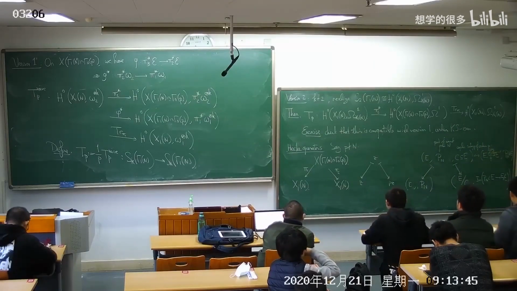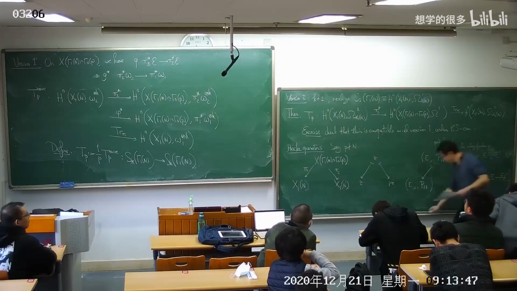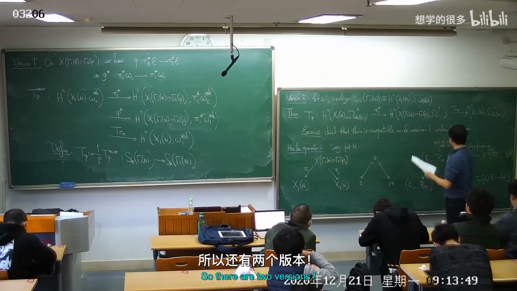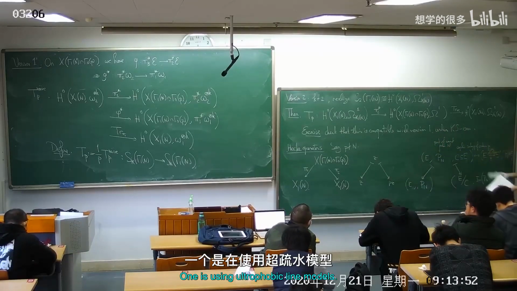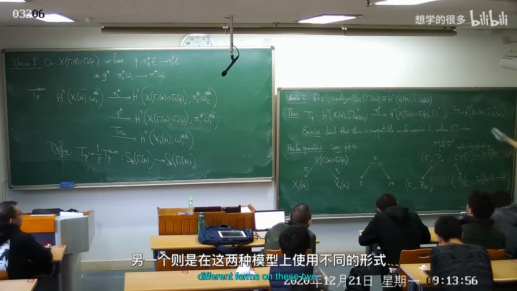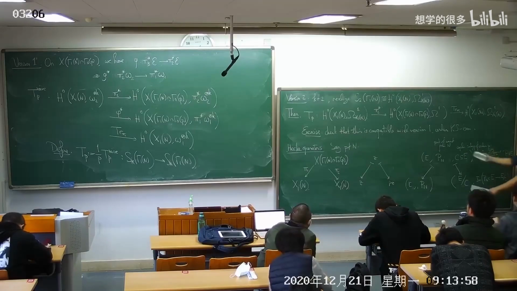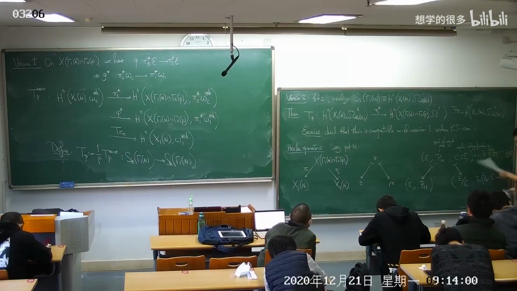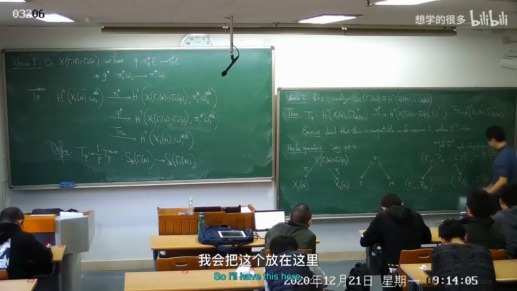Okay. So there are two versions of this. One is using holomorphic line bundles. The other one is using differential forms on these two.